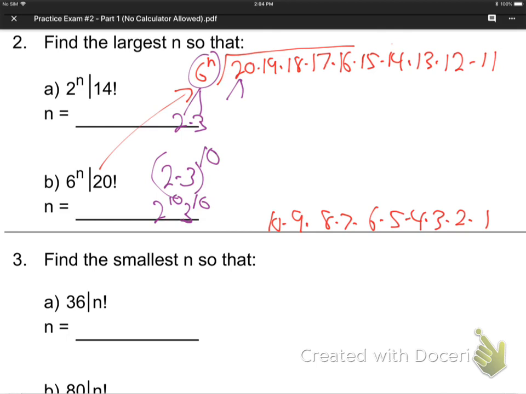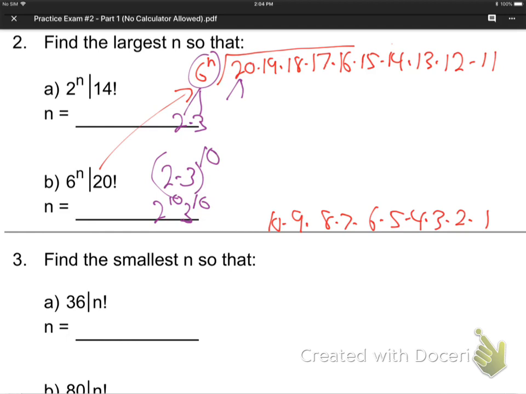So, for example, do you think 6 to the 10th power goes into 20 on down to 1? Well, how would it? 10 2s and 10 3s would have to be on that other side. Are you with me? Does that make sense?